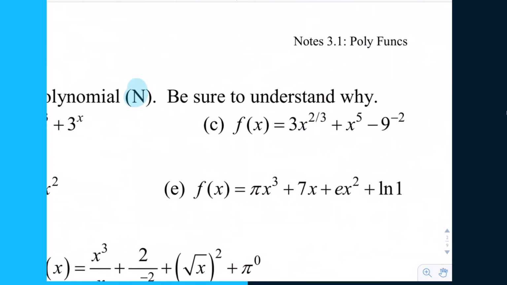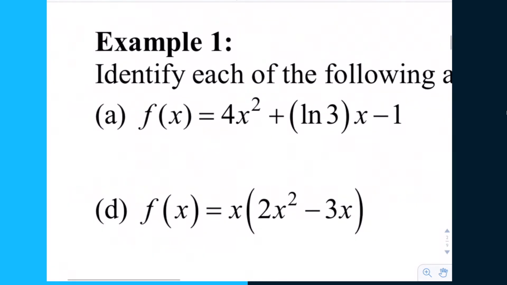Okay, I'll be sure. All right, example number A. We have 4x squared plus the natural log of 3 times x minus 1. Is it a P, polynomial, or an N, not a polynomial?